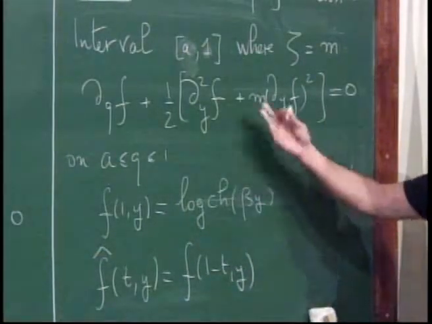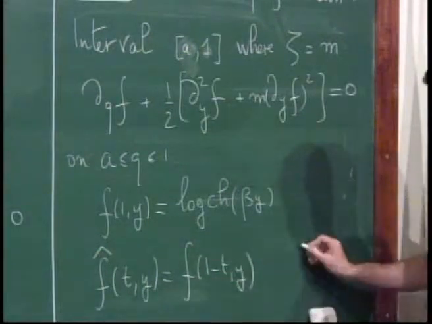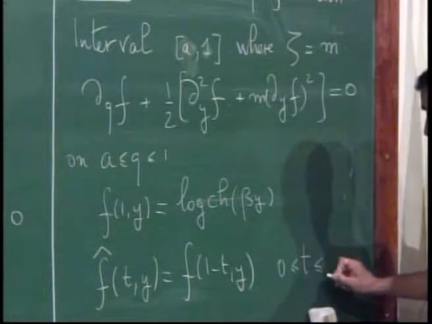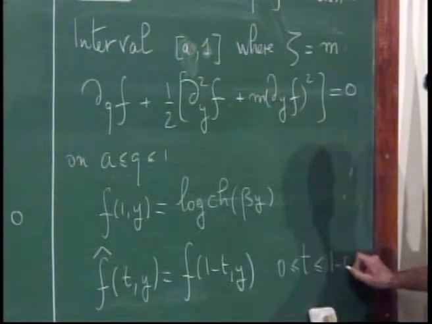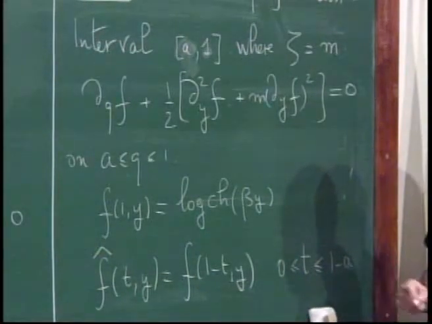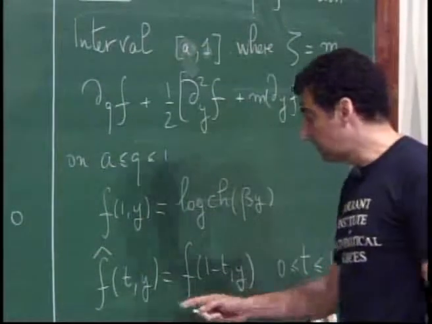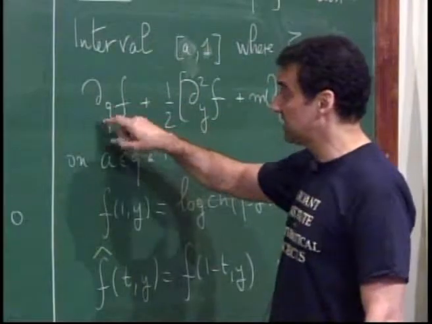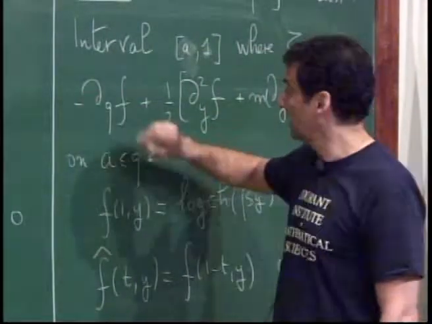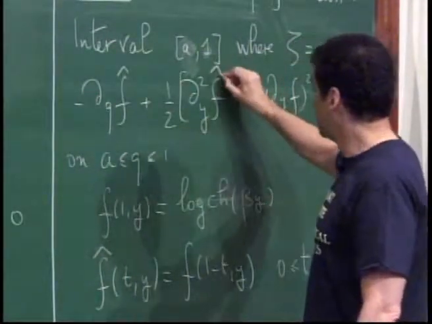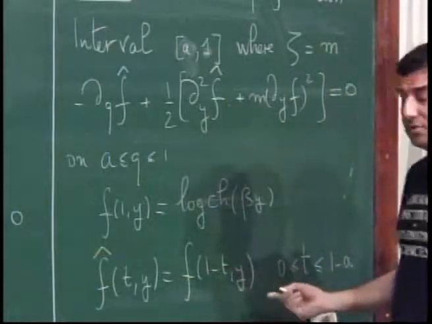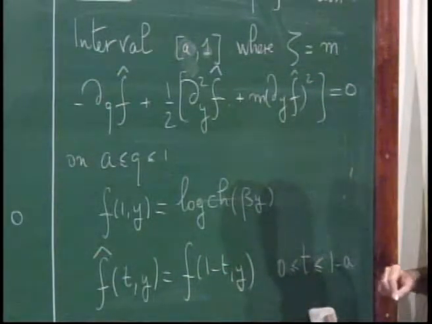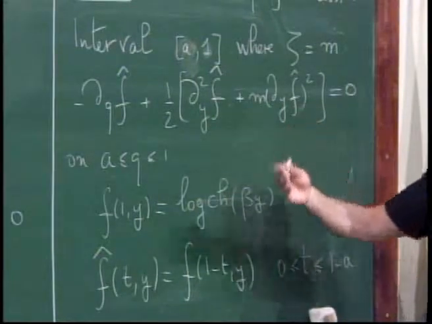So now I'm looking at this equation with my time t running between 0 and 1 minus a. Okay? Simple. When I do that, I have the same equation here, except that this derivative takes a minus sign. The derivatives in y do not change. Okay? And so now I have a nice heat equation.